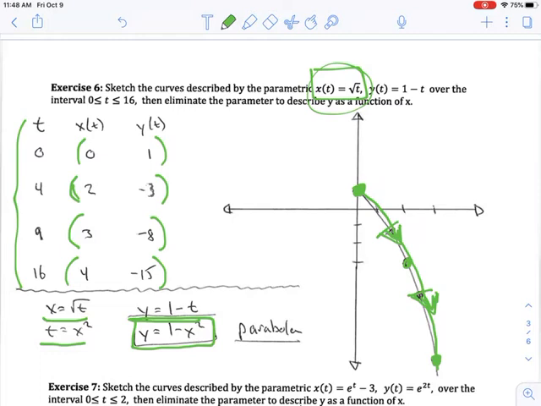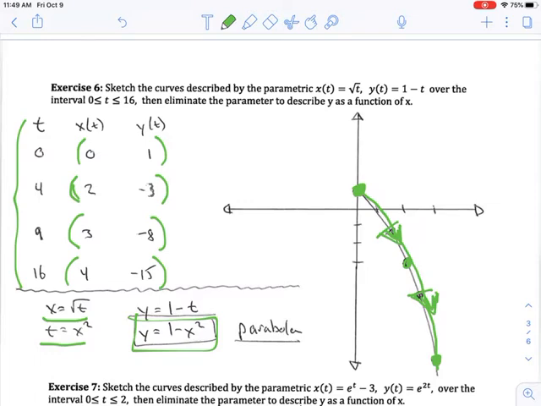Now, you may have asked yourself, why don't we just eliminate the parameter to begin with? Well, that's actually not a bad idea. If you eliminate the parameter first, and then you get the equation y equals 1 minus x squared, well, that's probably a little bit easier to graph.